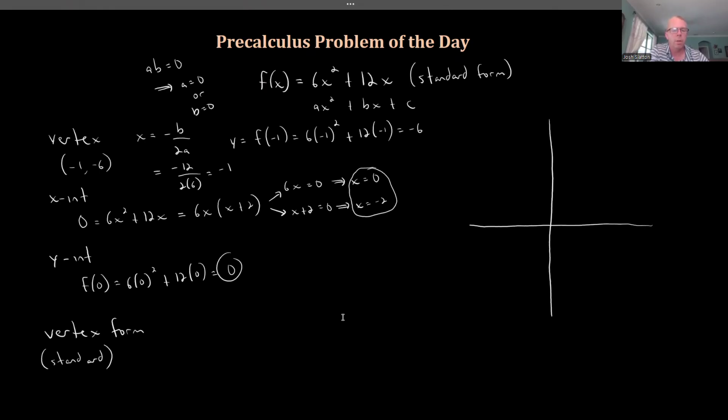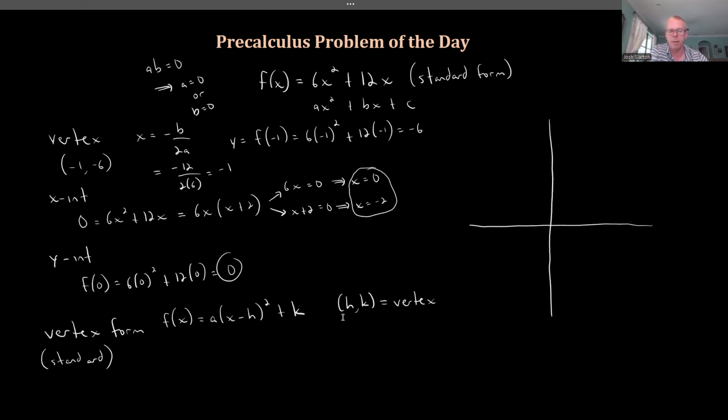All right, so vertex form looks like a times x minus h squared plus k. And then the ordered pair h, k is the vertex. So we already found the vertex, negative 1, negative 6. We just need to plug that in for h and k. A is the same a that we have up here.